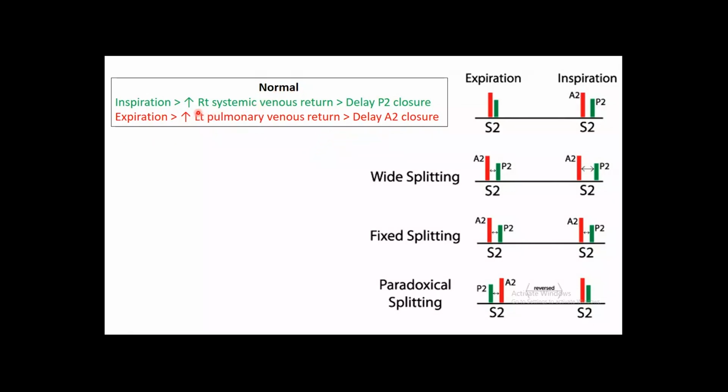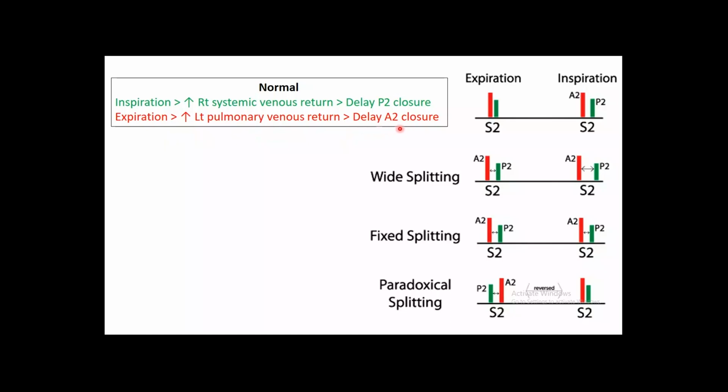Normally, during inspiration, the systemic venous return to the right side of the heart increases, causing delayed closure of the pulmonary valve, or delayed P2, as we see here. On the other hand, during expiration, there is an increase in the pulmonary venous return to the left side, causing delayed aortic valve closure.